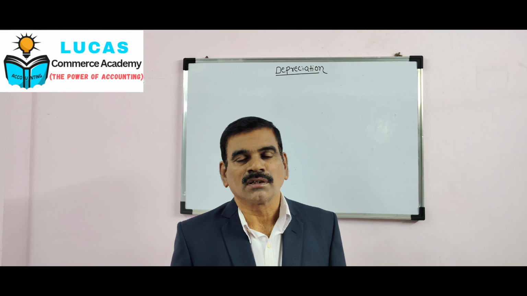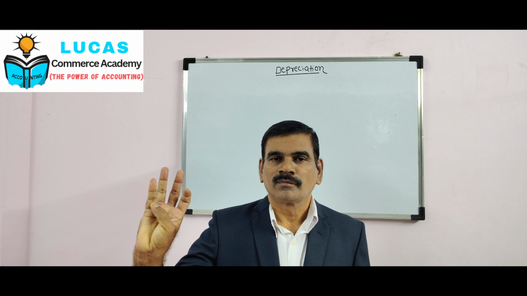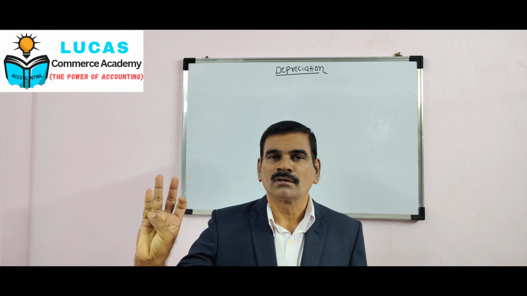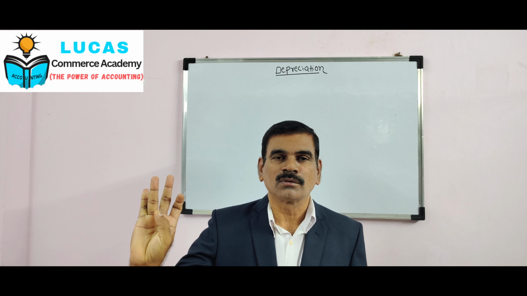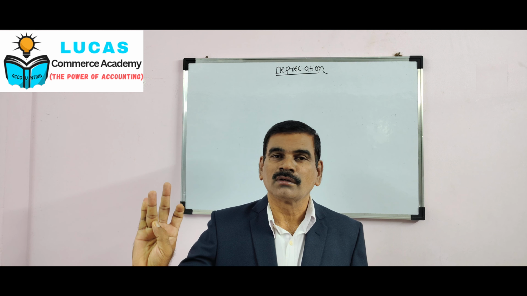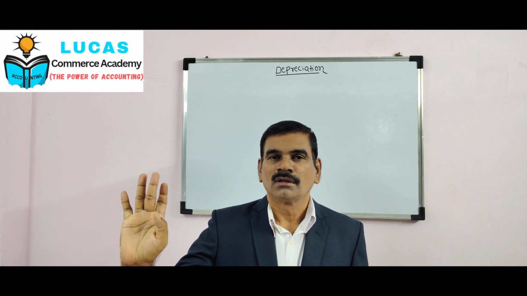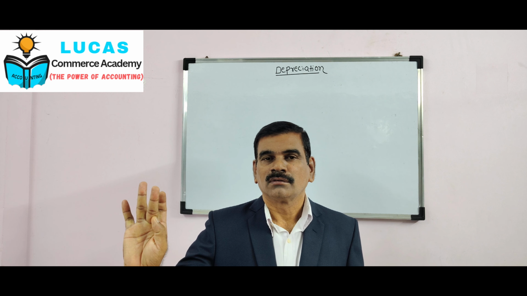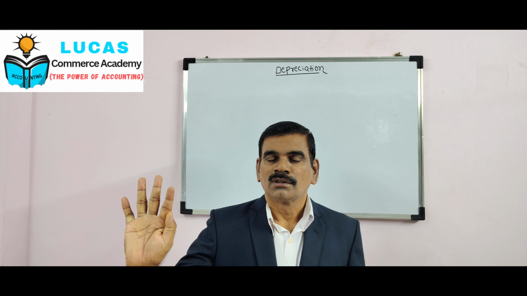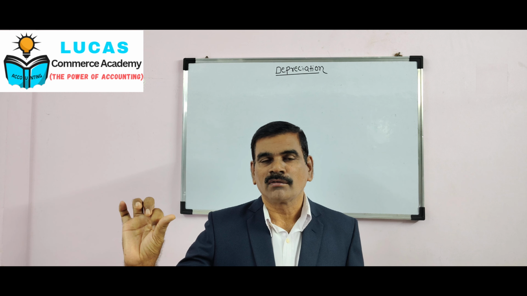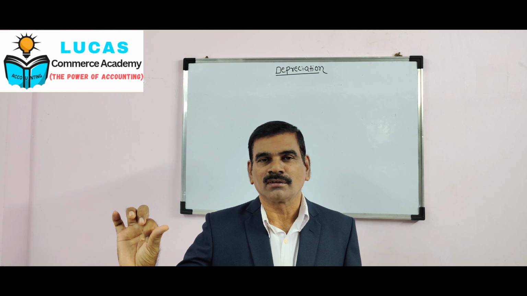The important methods are: number one, fixed installment method or straight line method or original cost method or equal installment method. Number two, diminishing balance method or written down value method or reducing balance method. Number three, annuity method. Number four, sinking fund method or depreciation fund method. Number five, insurance policy method.